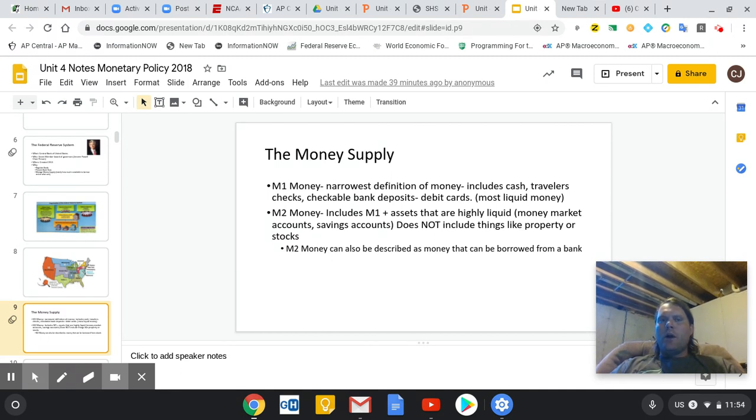Okay, so you want to understand that again, the money that I save in my savings account is accessible to people that want to borrow it, if that makes sense. Okay, so that idea of M2 money, that's the money people are able to eventually borrow. Again, it doesn't include other assets like property, right?